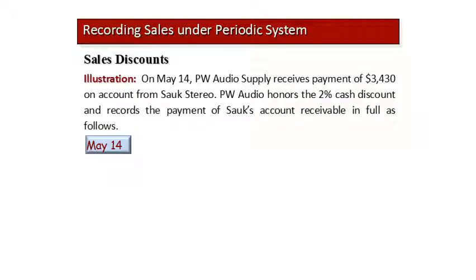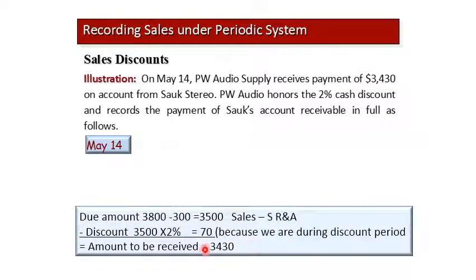What about the sales discount? We can calculate the sales discount as we did for the purchase discount, exactly, except one thing. Due amount is sales minus sales return and allowance. Discount, if you are in the discount period, is minus 70. The amount to be received, yes, the difference is here. The amount to be received when you are selling, when you are purchasing, it will be the amount to be paid.